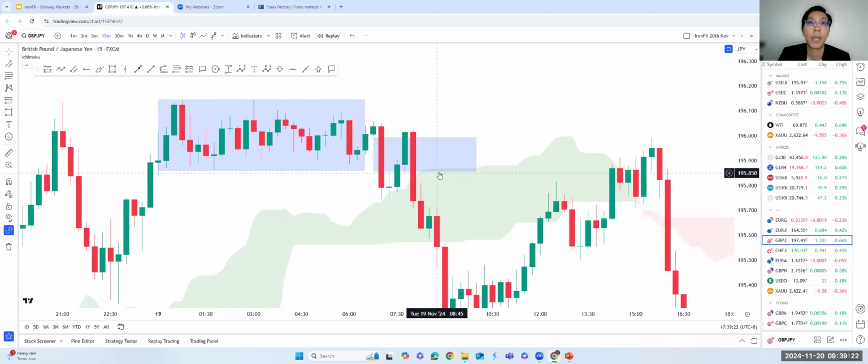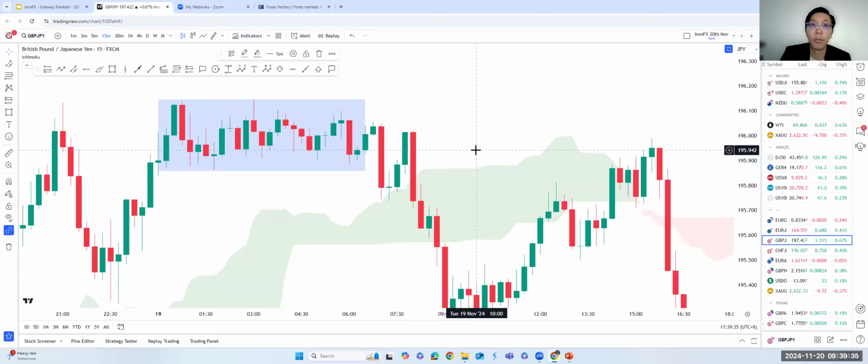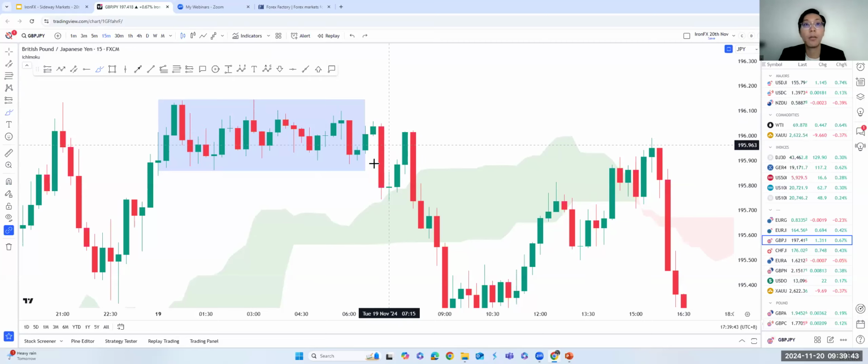It's not accurate, and FVGs don't work on every other pair. So this is not as effective. But what we need to know, the most important thing, is the bearish engulfing candle. Correct, we have a bearish engulfing candle which closed below the range. So that is step one.